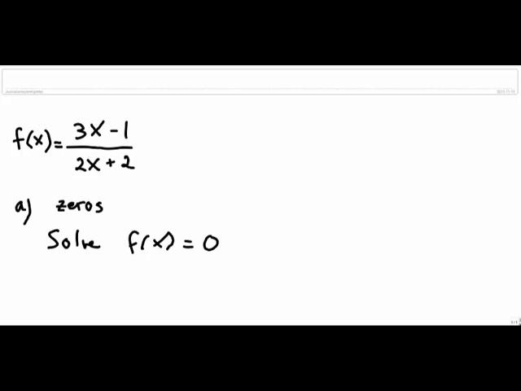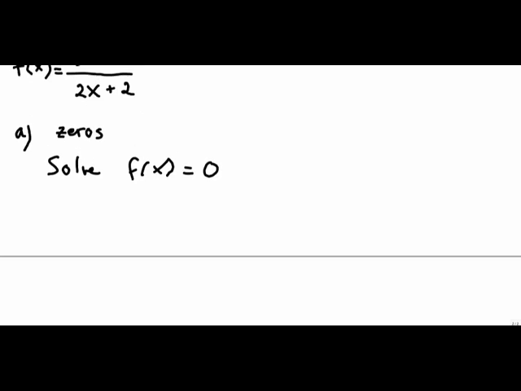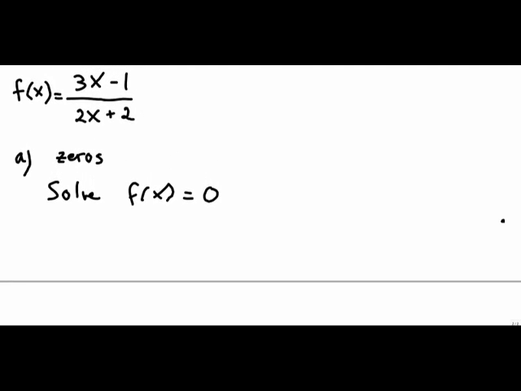Let's have a look at this function. This function, a quotient function, can only be 0 when the numerator is 0. So basically we're going to solve 3x minus 1 is equal to 0. Move minus 1 to the right side, 3x is equal to 1.